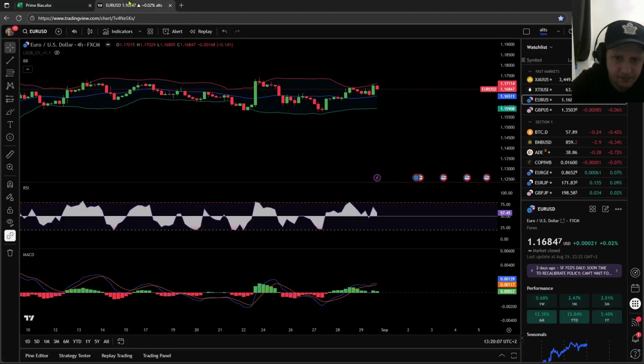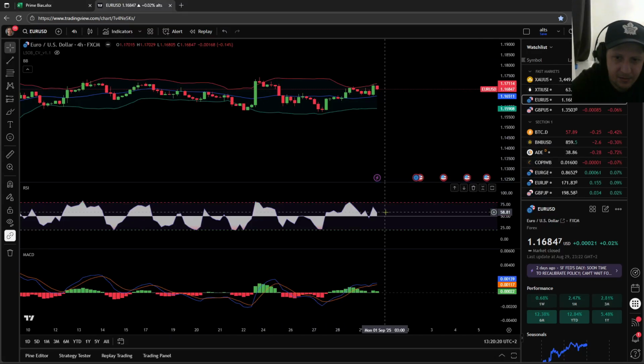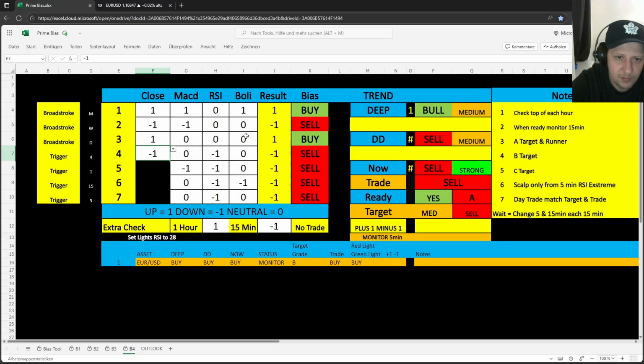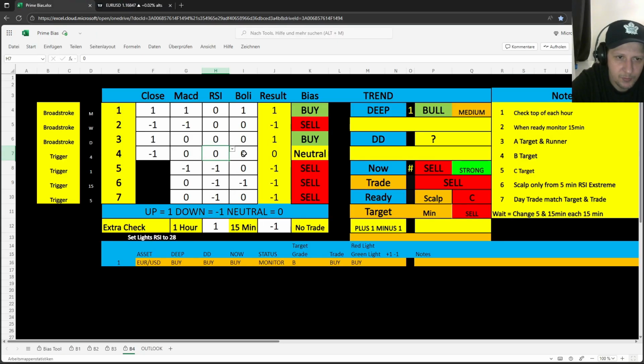The MACD is neutral. The RSI is neutral. Everything is neutral. The Bollinger Bands is +1, I would say. +1.